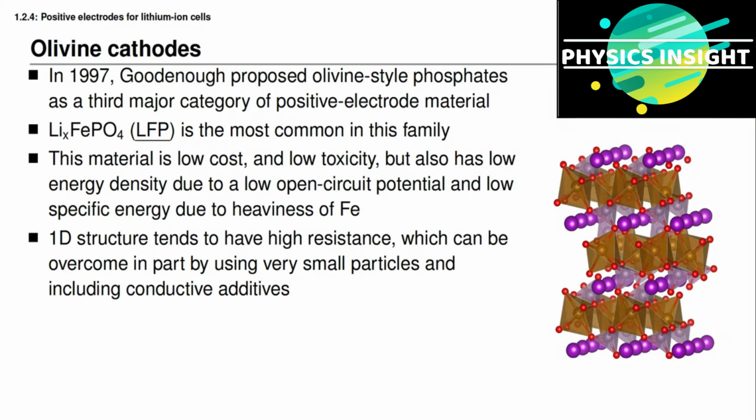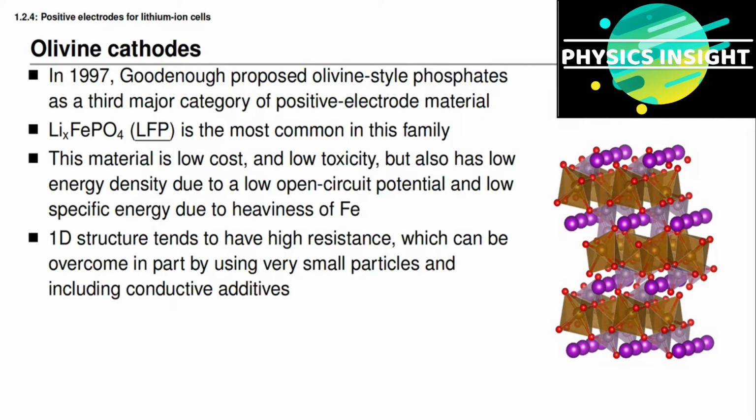The most common way to solve this problem is to use extremely small particles in our positive electrode, which means that the diffusion distance is very short, and therefore the diffusion overall can happen more quickly, and we can get a lot of power out. But we require very small particles to do this.